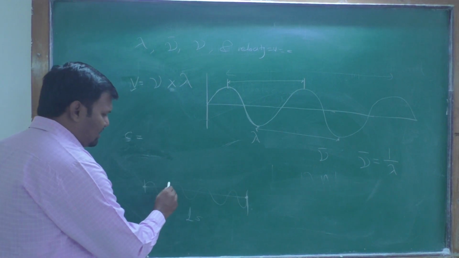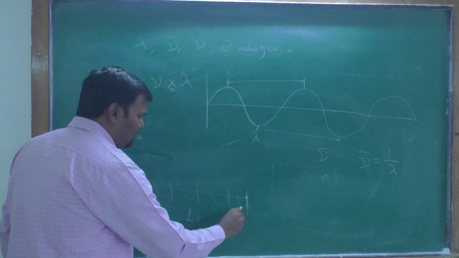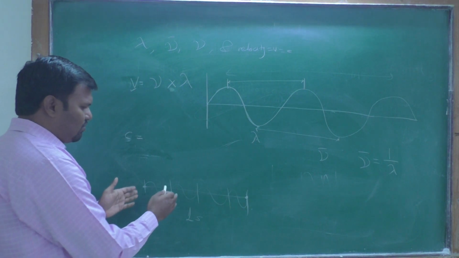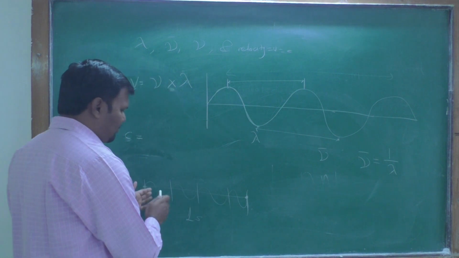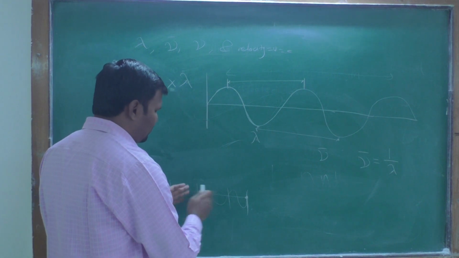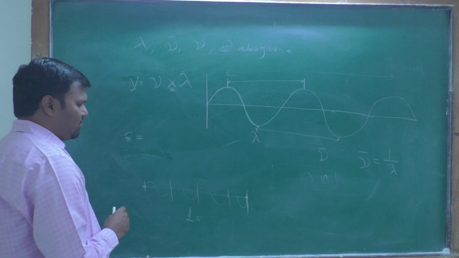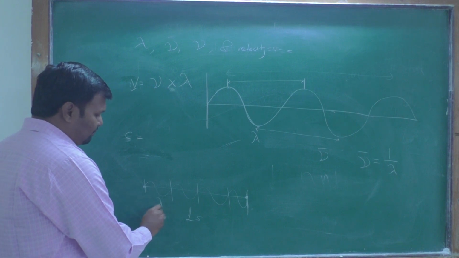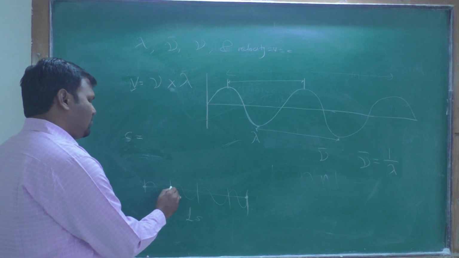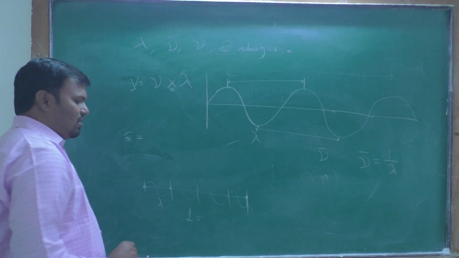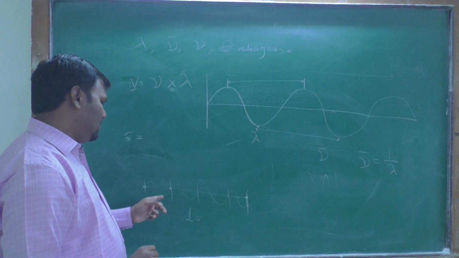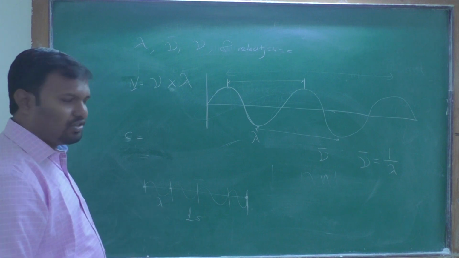Okay, you can see there is a wavelength, and a number of wavelengths, first wave, second wave. The frequency is how many of these wavelengths pass a particular point.